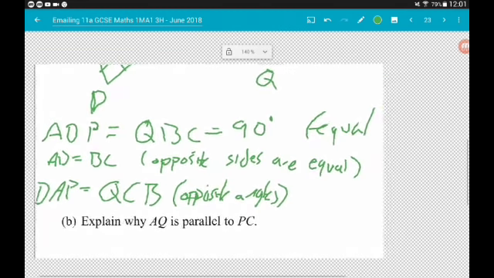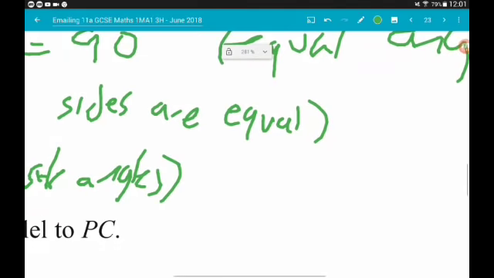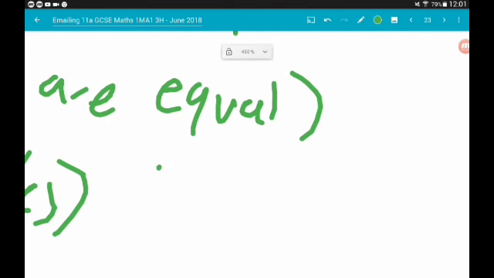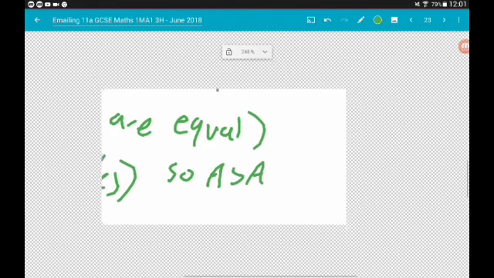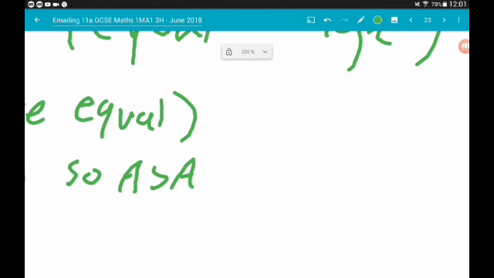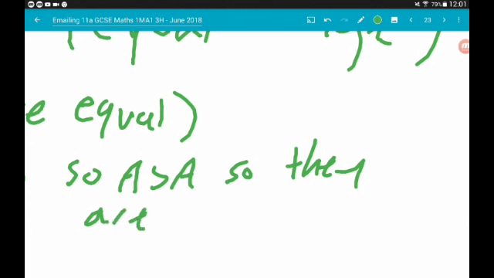So we've got angle, side, angle. So they are congruent. Cool.